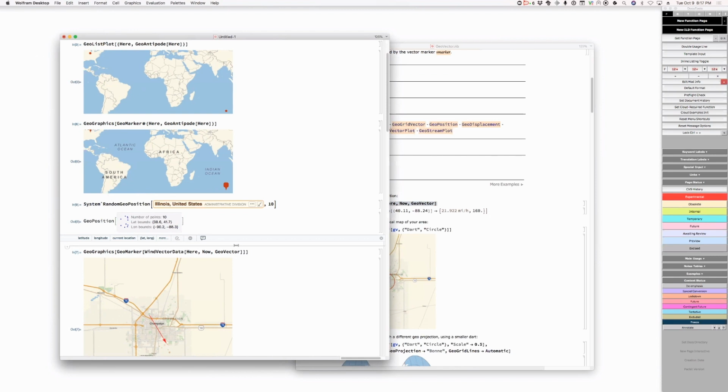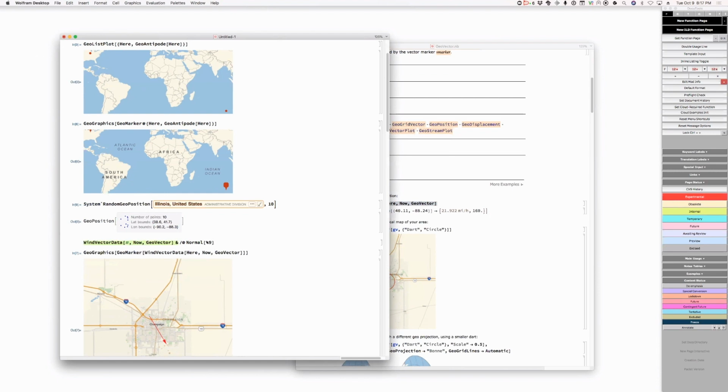Okay, so if I say wind vector data, now this doesn't work, unfortunately. Why not? Apparently it's a matter of implementation, but our API is not able to get multiple at the same time. Okay, so that is another thing to fix. So you would have to do Thread of that.